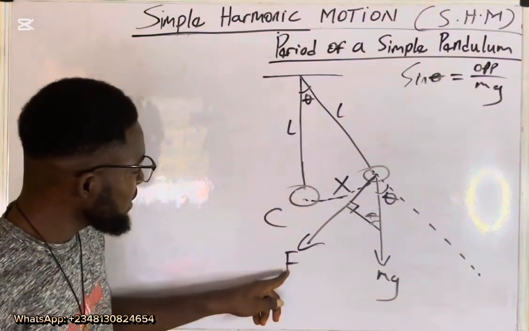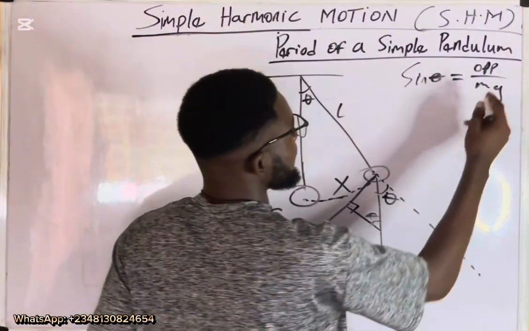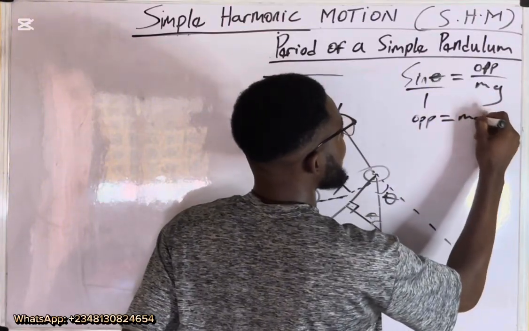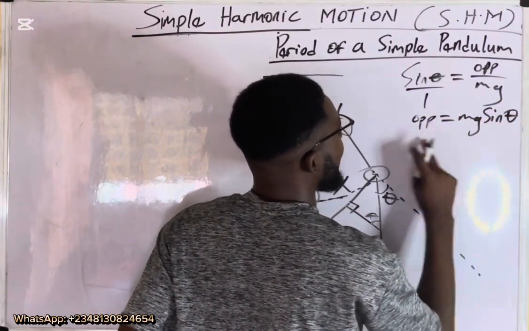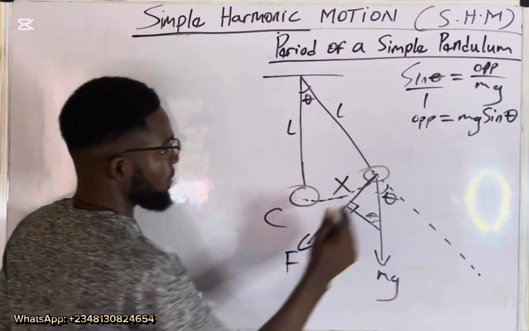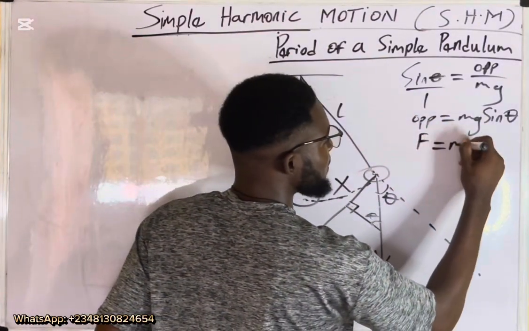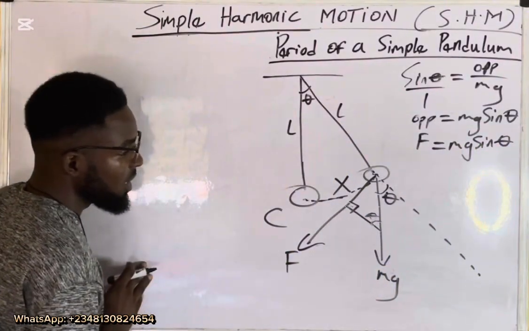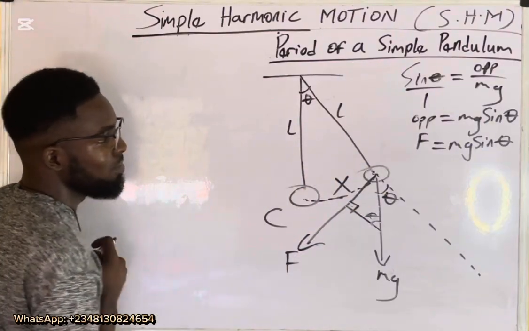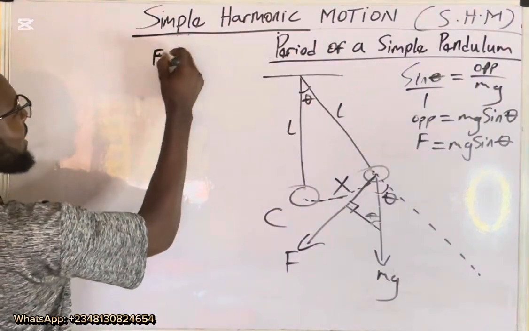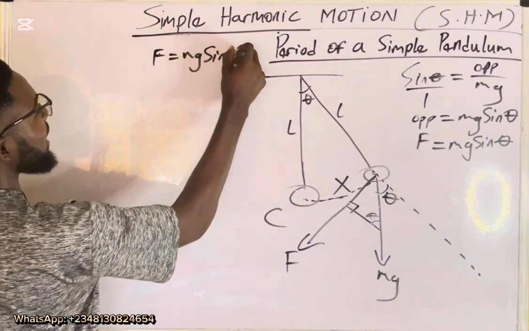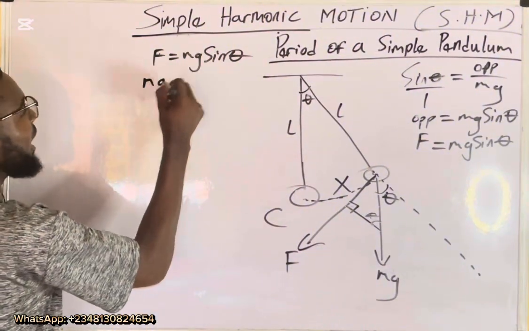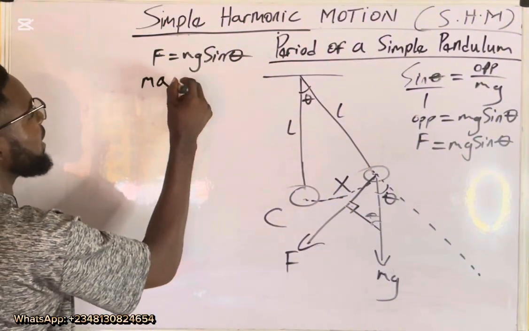And the opposite is the force right here, which is F. If we cross multiply, the opposite is equal to mg sine theta, and the opposite is the restoring force. So the restoring force is equal to mg sine theta, taking it back to the mean position. We say F is equal to mg sine theta. Mind you, force right here is the same thing as ma.